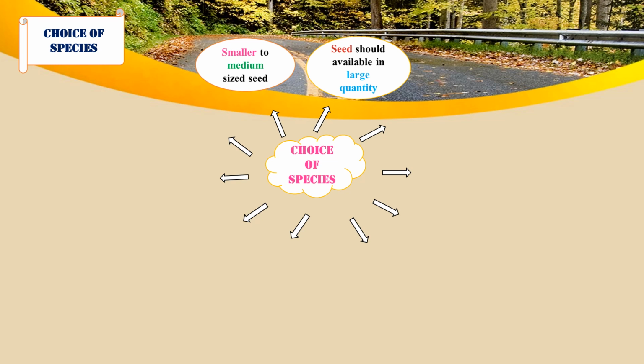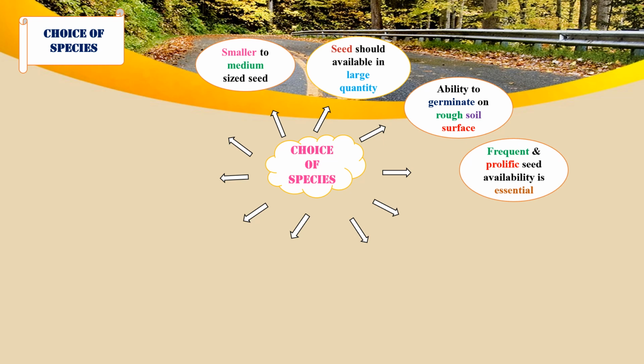The tree species selected should produce hundreds to thousands of seeds. The presence of a hard surface can prevent germination capacity. So the seed which has the ability to germinate on hard surface should be selected.